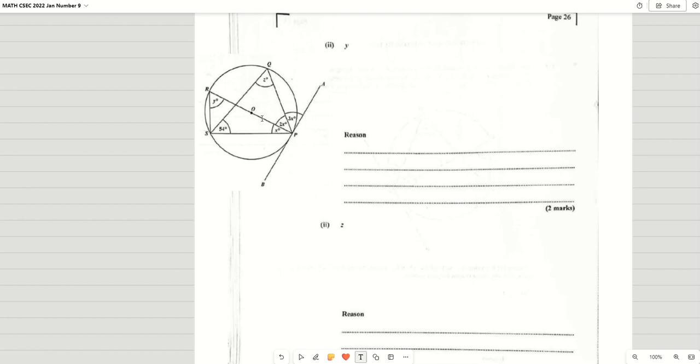The angle opposite our diameter is 90 degrees. So that is 18 plus 90 plus y would give you 180 degrees.